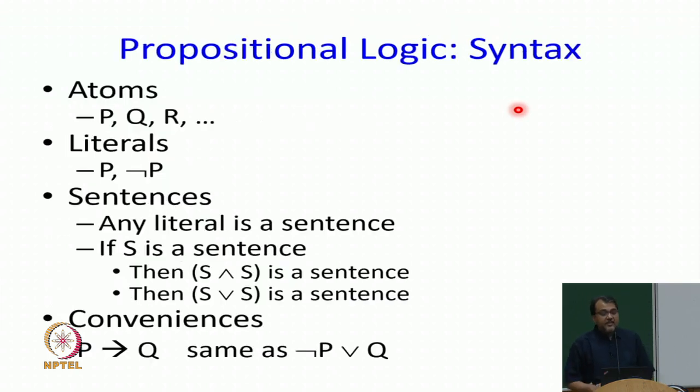And then with each atomic sentence I have two literals. So with P I have P and not P as my literals. P stands for P is true and not P stands for P is false.